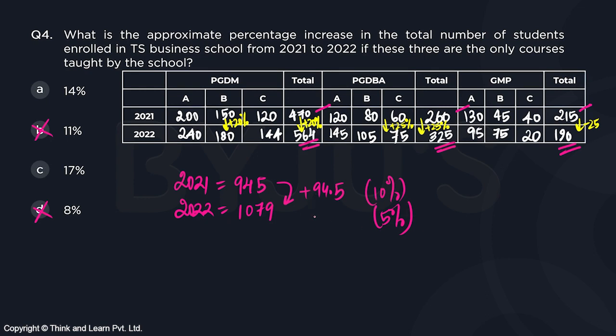So 10% is 94.5, 5% will be 47.25. So their sum is approximately going to be 142. So if I add 142 to 945, I will get 1081. So I need 1079. So definitely 14% is going to be the answer.